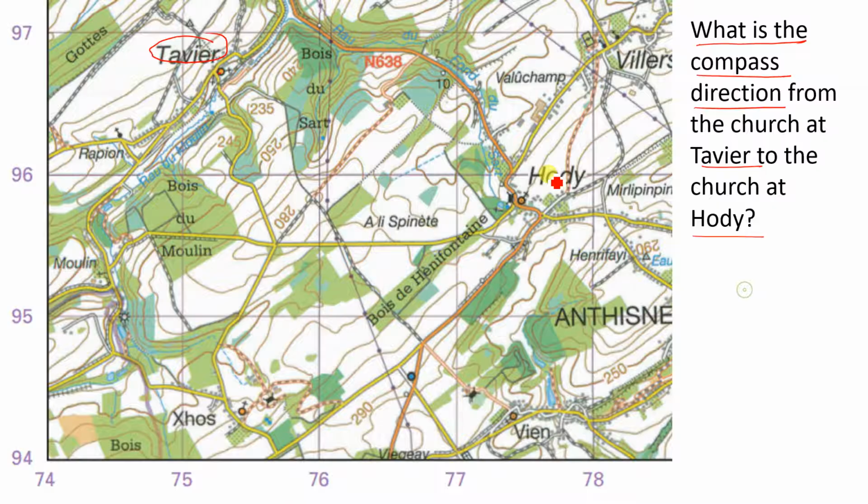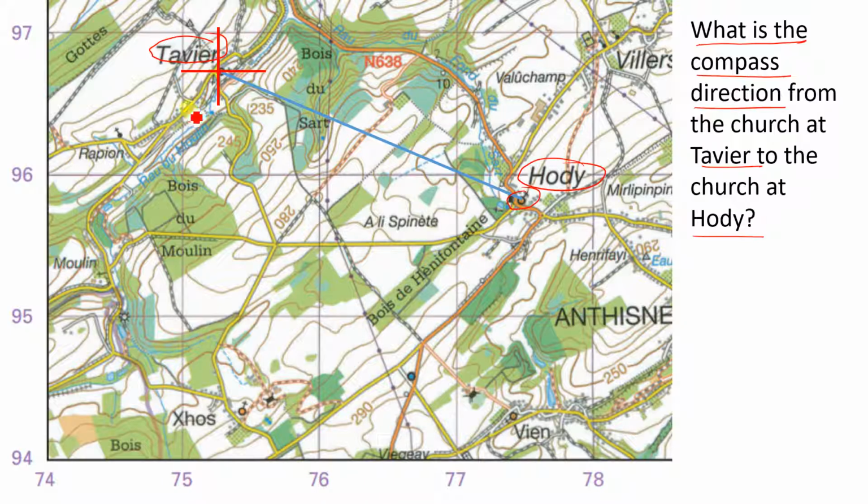And I have Hoodie here, and this is the church at Hoodie. So all you need to do is draw a straight line connecting the 2 points, something like this. Now, once you've done that, you know you are taking your direction from Tavia, where the church is, and down to Hoodie.